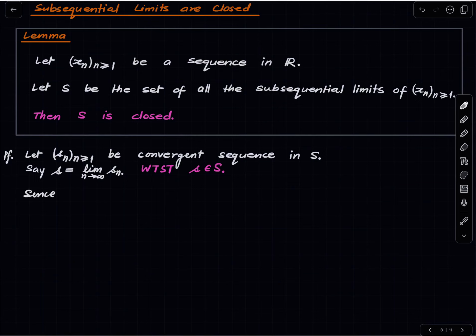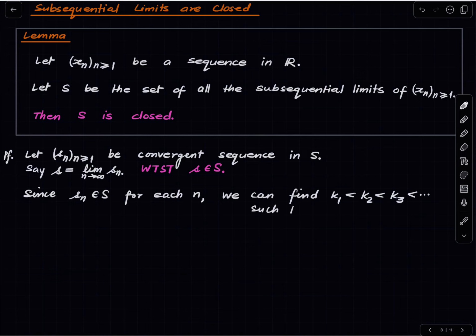Since Sn is in S for each n, which is to say that each Sn is a subsequential limit, we can find indices k1, k2, k3 such that xkm and sm are not very far away.